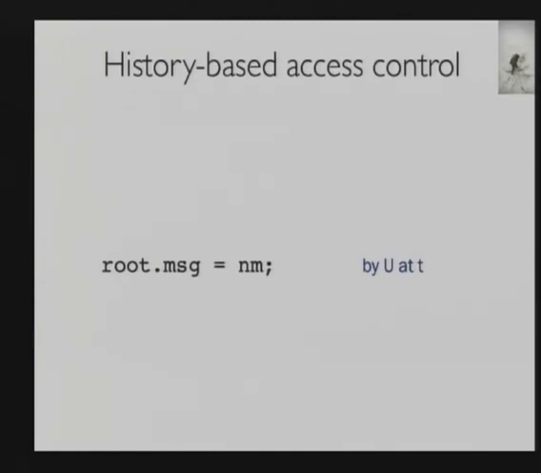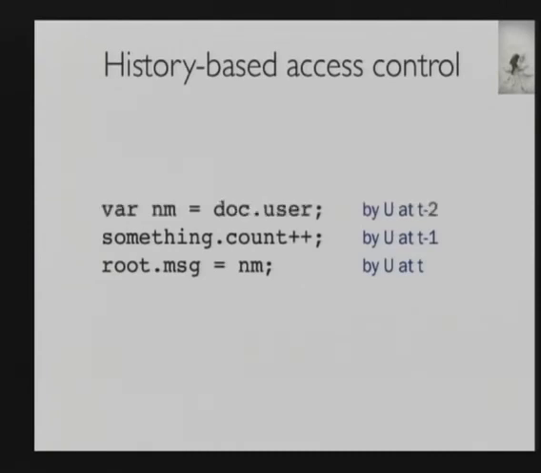So let's look back in time, see what happened before. Just before, the untrusted code incremented some counter. And just before that, the untrusted code read something about the user from the document.